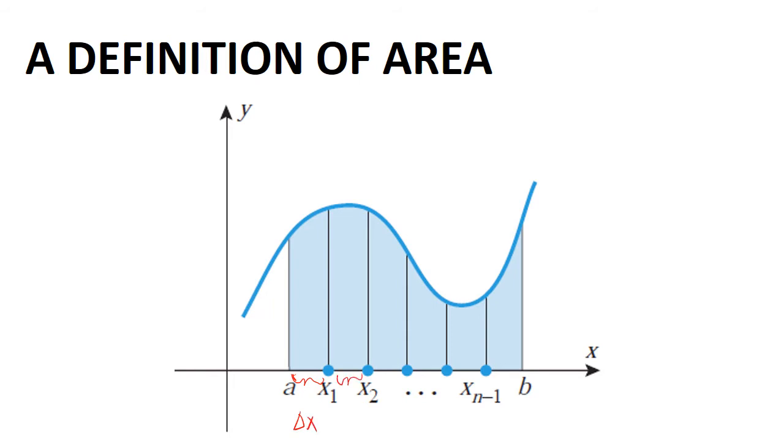From x1 to x2, equal lang din. So, delta x lang. So, hanggang x minus 1. So meron tayong n numbers ng delta x or n strips.